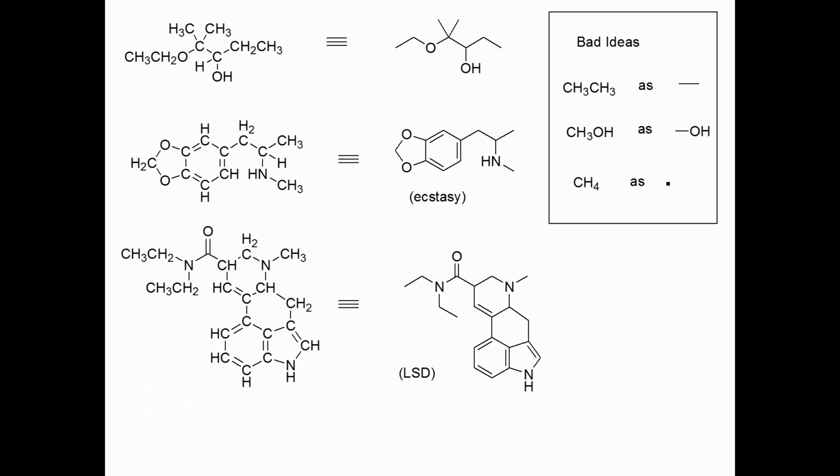Okay, so let's look at a few examples here. All right, so this compound right here could be reduced to this simple bond line diagram here. Notice that the ends of the lines represent CH3 groups.